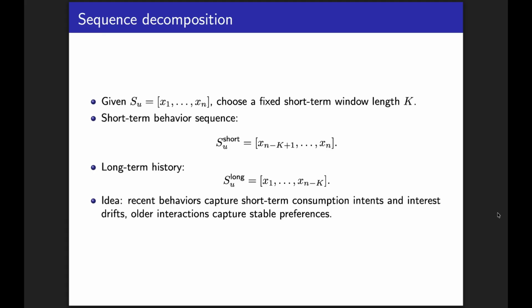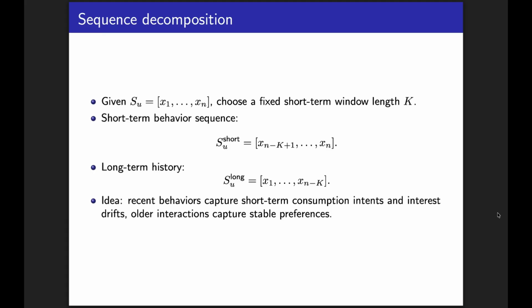They define a high-level hyperparameter k that represents the number of events that fall into the short-term subset, and all the rest will fall into the long-term history.